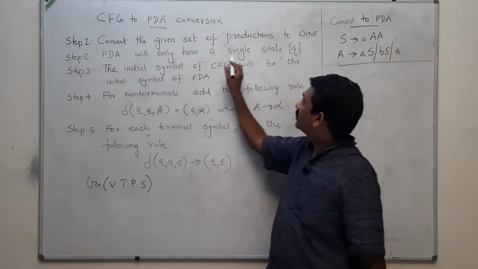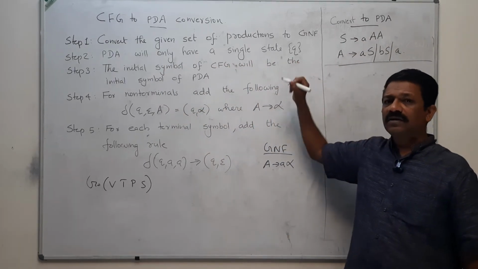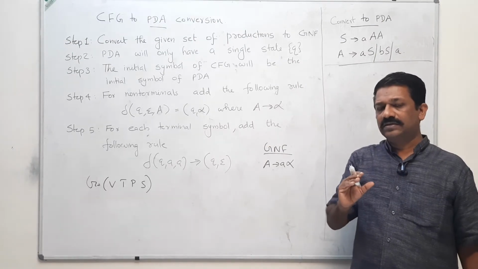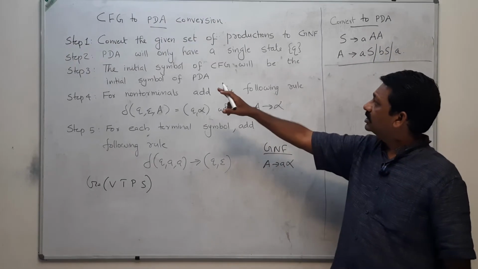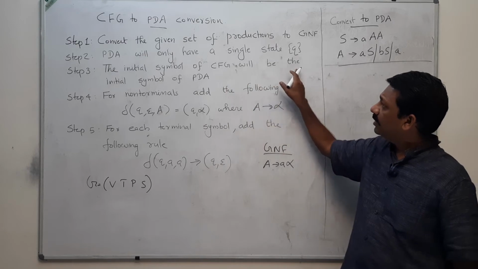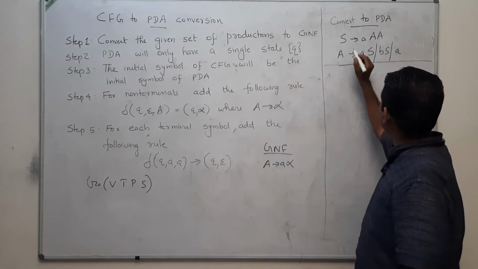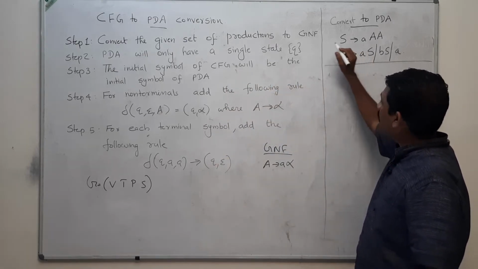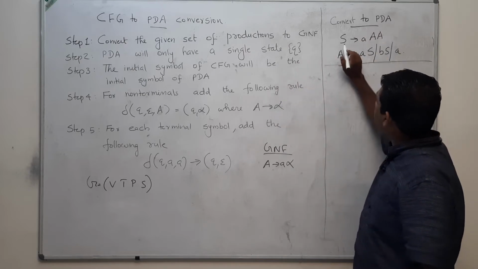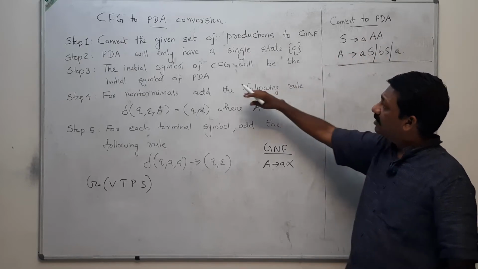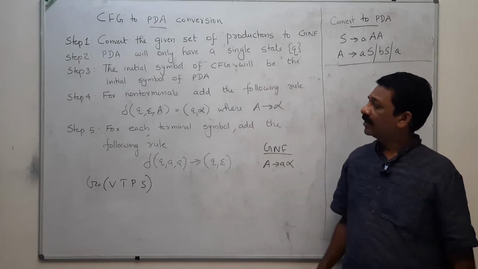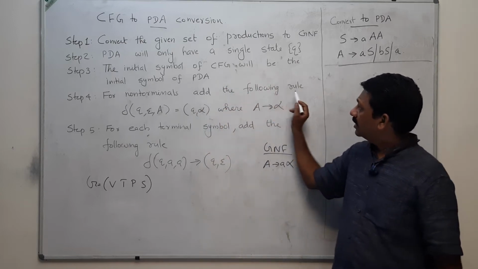The PDA will only have a single state Q. That you should remember. The initial symbol of the CFG will be the initial symbol of the PDA, that means the initial symbol of this PDA is S. For non-terminals, add the following rule.